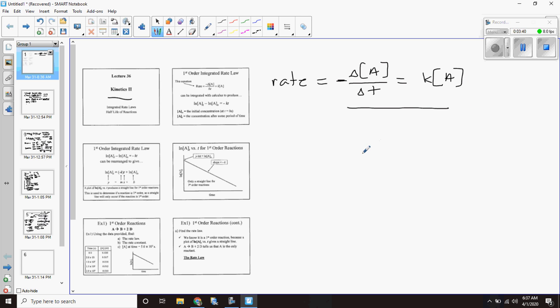So, okay, what happens when you integrate this? Well, you get this. This is the result of performing the integration process on this equation.